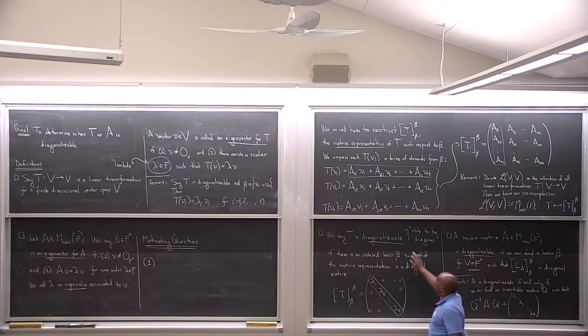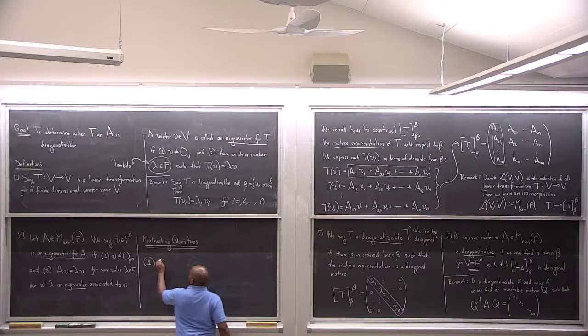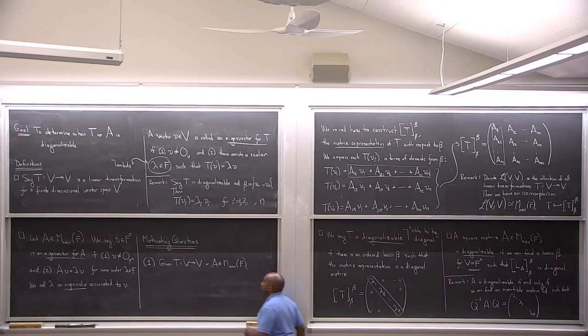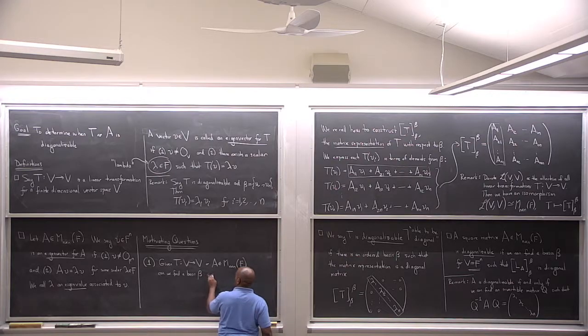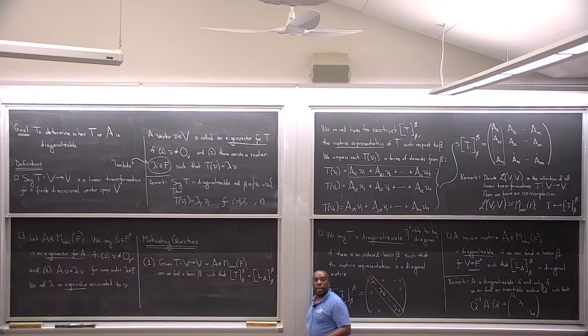Given, let's say, perhaps a linear transformation T, or maybe even a matrix A, the question is, can we find a basis beta such that the matrix representation of T, or perhaps the matrix representation for left multiplication by A, is a diagonal matrix?